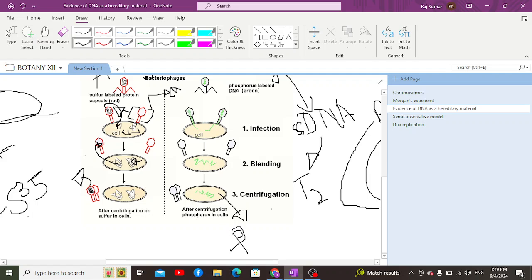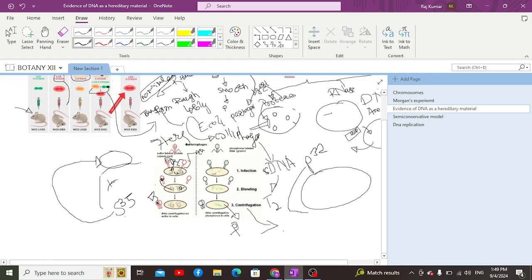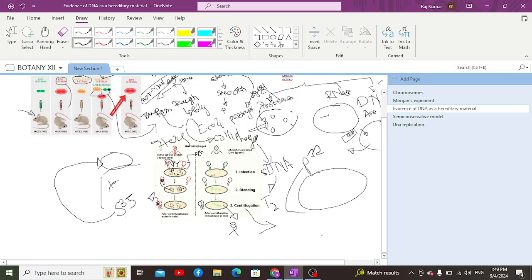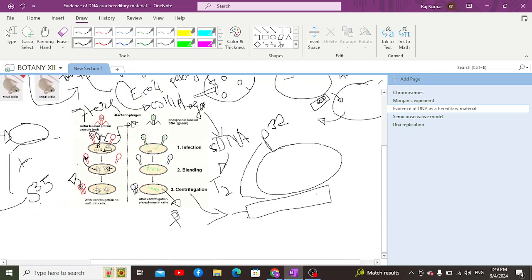Now, the evidence of this was obtained with the help of a centrifugation machine. They utilized a centrifuge, in which the radioisotope being heavier tends to remain at the bottom, which is known as the pellet, and the non-radioisotope material remains in the supernatant.